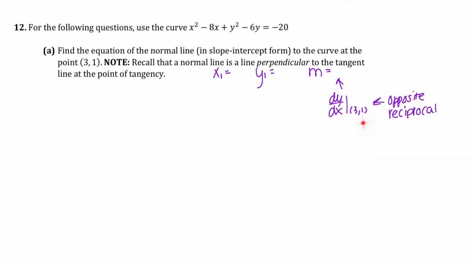So we're going to find dy dx, we're going to plug 3, comma 1 in. But after we do that, then we are going to find the opposite reciprocal. So we'll start with differentiating up here. It's going to give us 2x minus 8 plus 2y dy dx minus 6 dy dx. Derivative of negative 20 is 0.